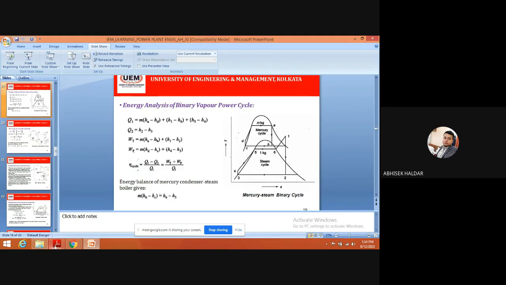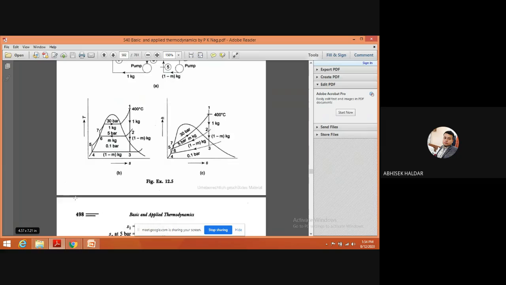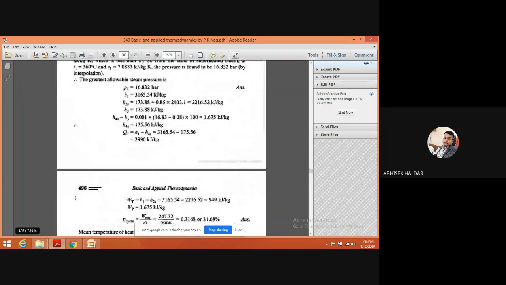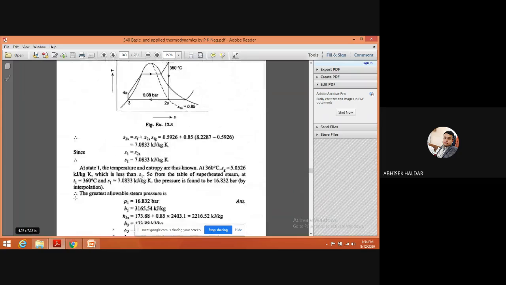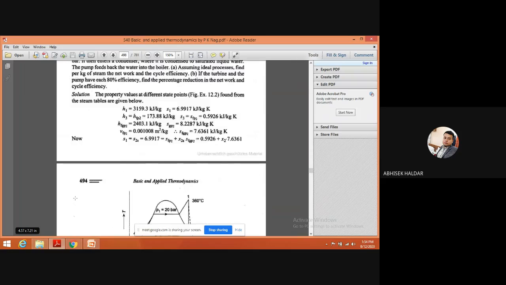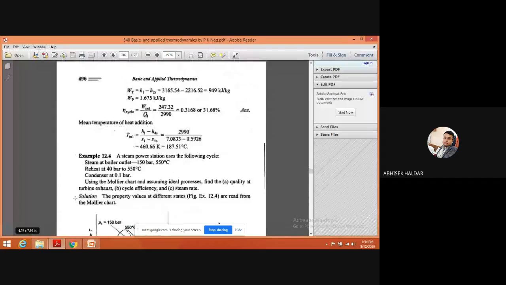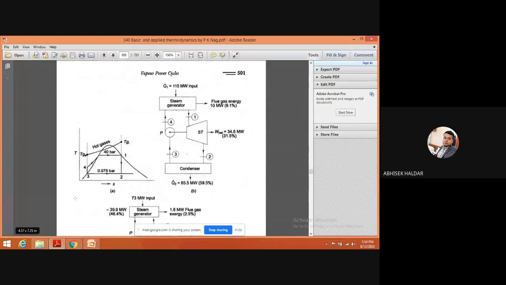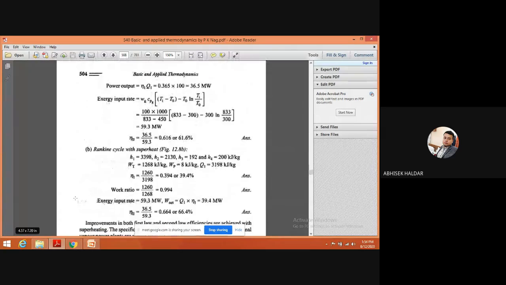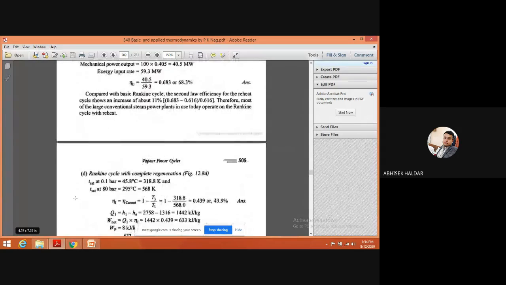One problem is also there in your book, whatever book you may follow, doesn't matter. Let me show you reheat and regeneration both in the same problem. You can see much more improvement in your efficiency compared to the single regeneration also.